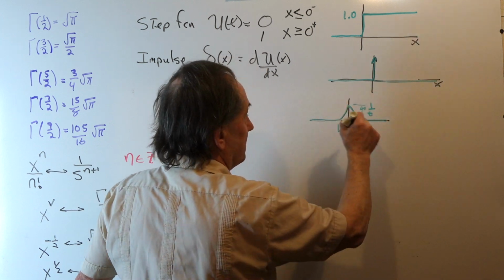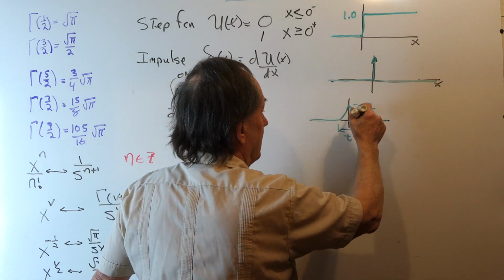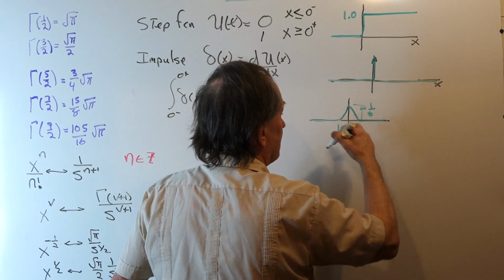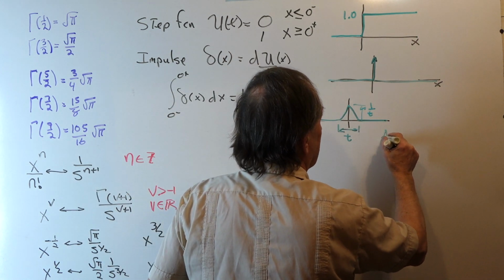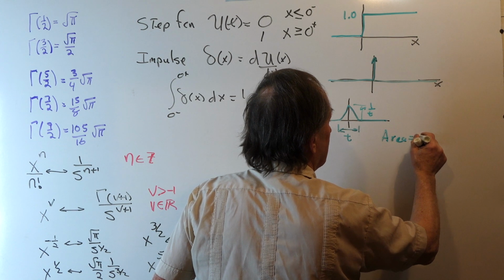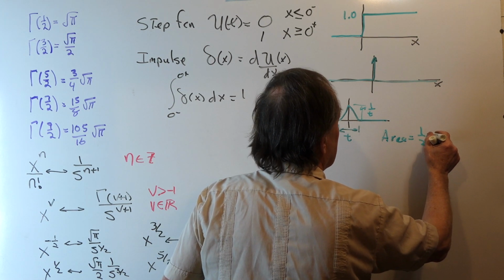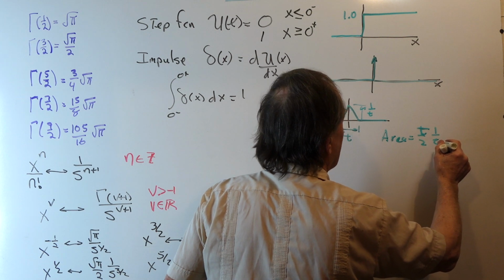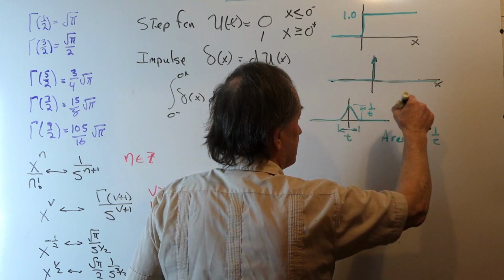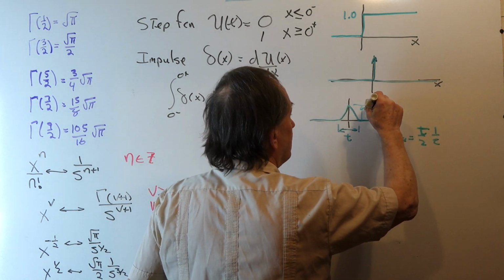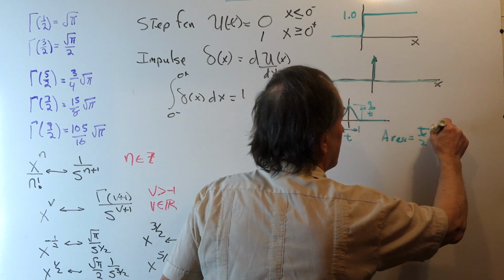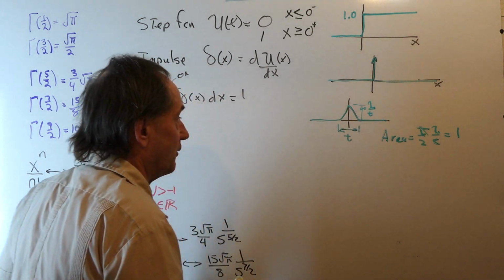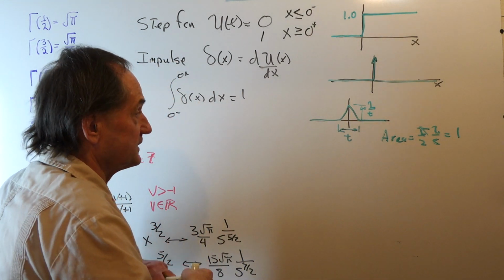So the area under the curve, since we have a triangle, is 1/2 base times the height. So let's make the height 2 over t. Then that comes out to 1. The area is always 1, regardless of what the width is.